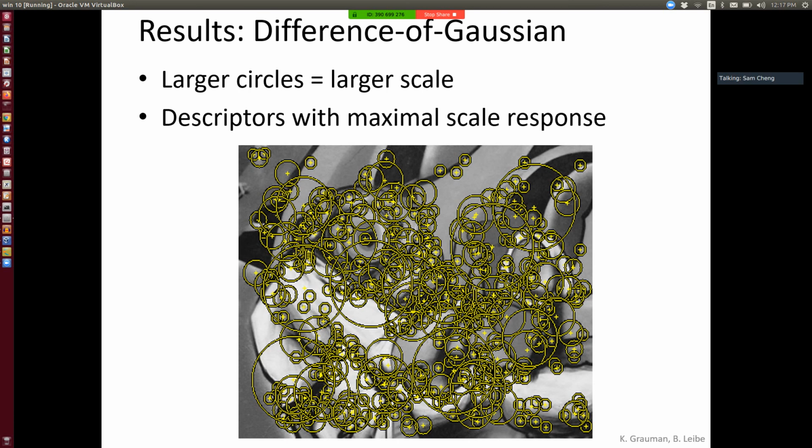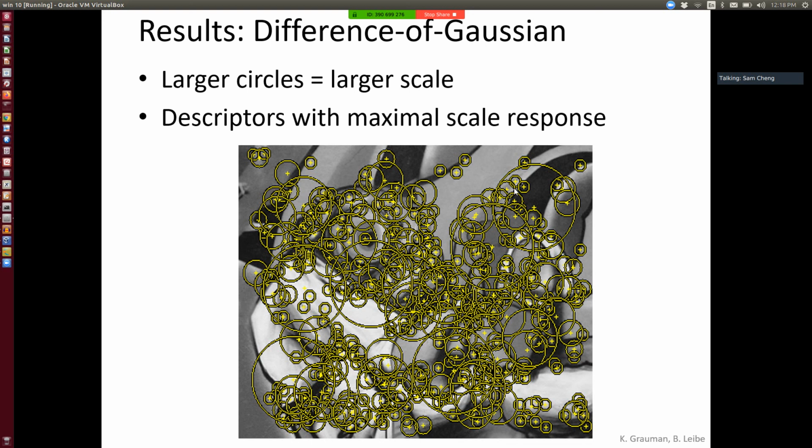These are the candidates we get here. The circles of different sizes illustrate different scale levels, and they got the local maximum here.